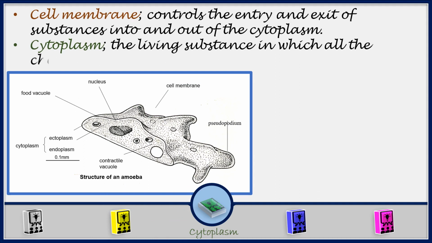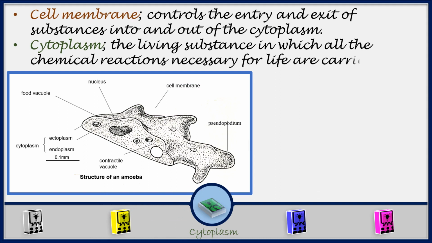Then another part of the amoeba is the cytoplasm. When we talk about the cytoplasm, it is all that area that is found within the cell membrane. That inside part is what we refer to as the cytoplasm.